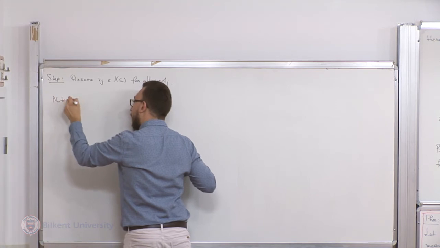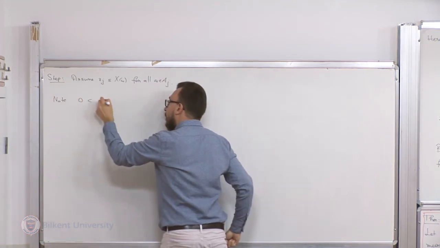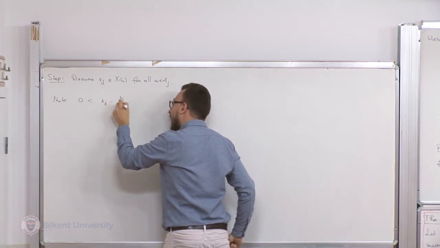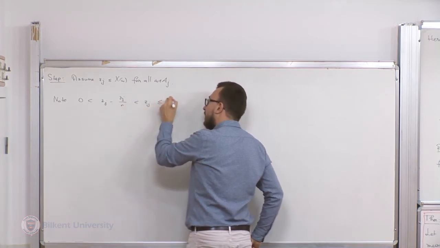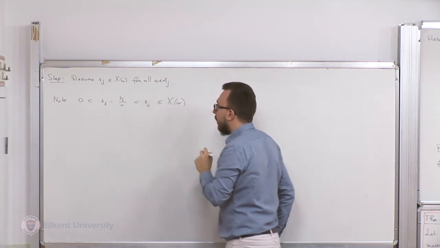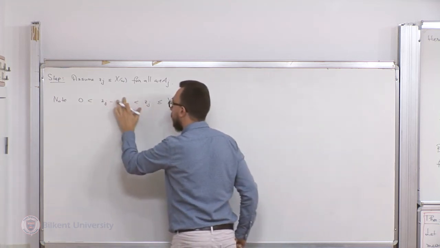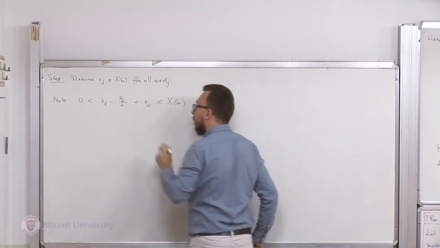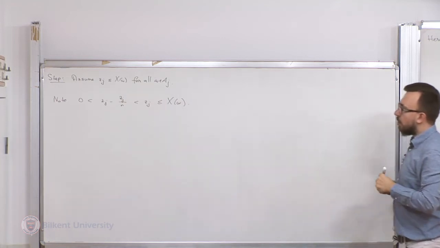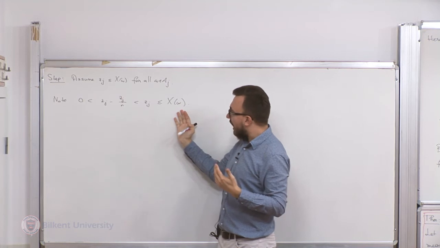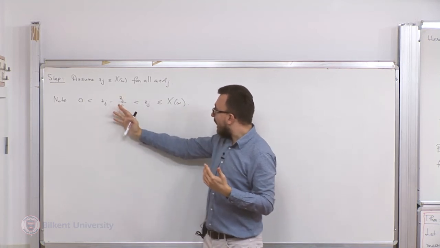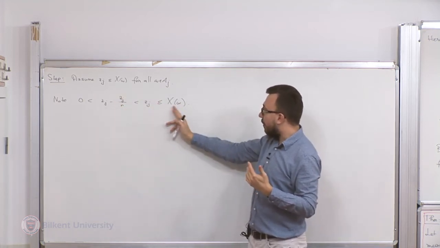So note we have zj minus zj over n, which is less than zj, and this is less equal x of omega. Let me write it again, okay? So maybe zj is equal to x of omega for some omega, but zj minus zj over n is always strictly below x of omega.